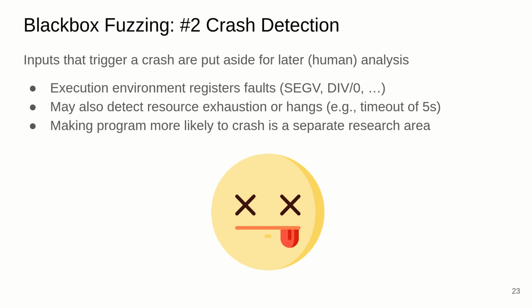It may also detect resource exhaustion or hangs, for example, by setting a timeout of 5 seconds for the execution, and if the execution takes longer than that, it just signals that. There's also an area of research where you will try to make the program more likely to crash and then detect those crashes.